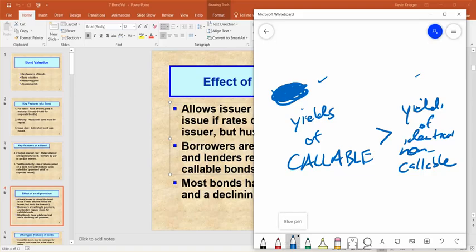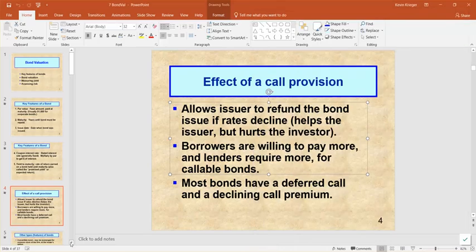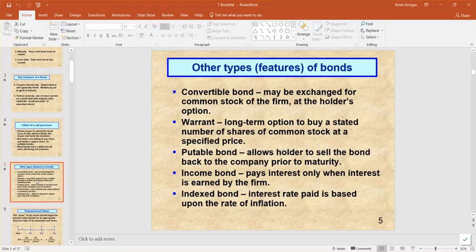And the call premium, again, is akin to an early termination fee. You have to pay extra when you retire this bond. A few other terminology things here, right?